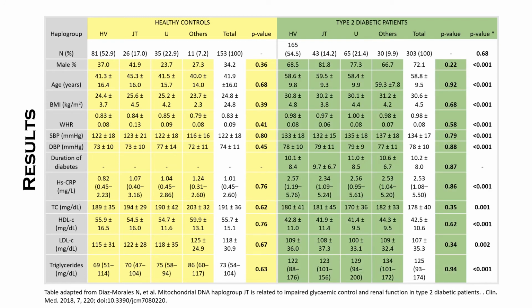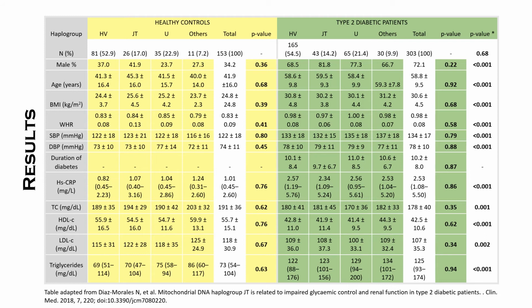Likewise, when we look at the patients with type 2 diabetes, they were stratified according to their mitochondrial haplogroups. And when diabetic patients were compared on all the clinical outcomes listed here, there was no statistically significant difference across diabetic patients in different haplogroups. So all of them were equally ill, so to speak, at baseline in this study.